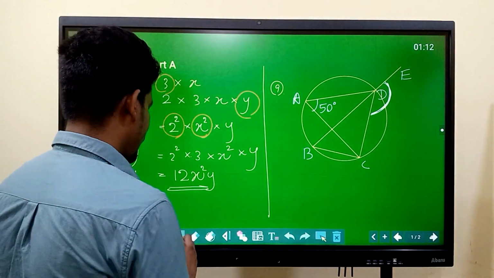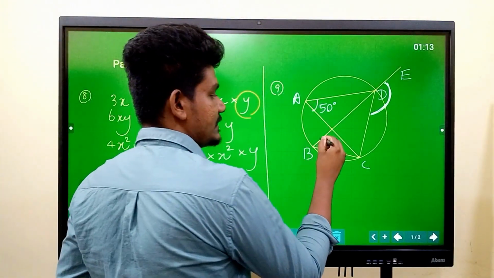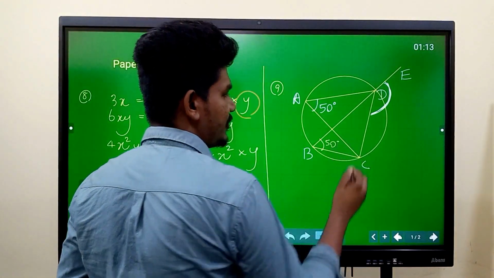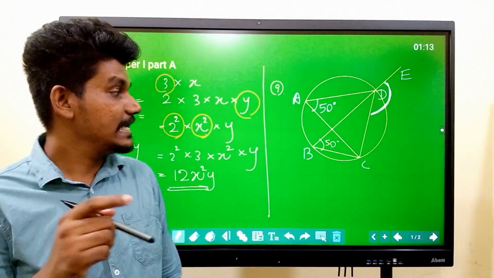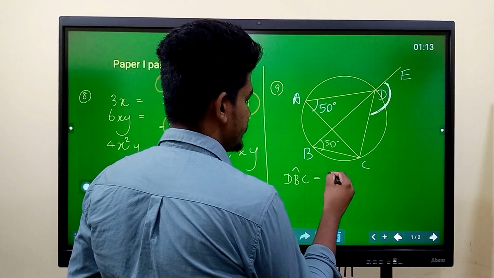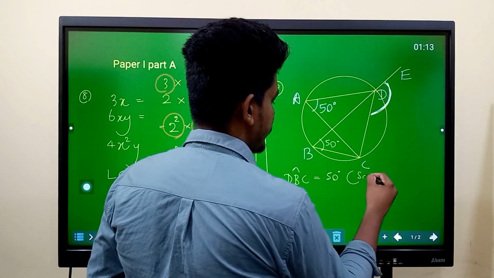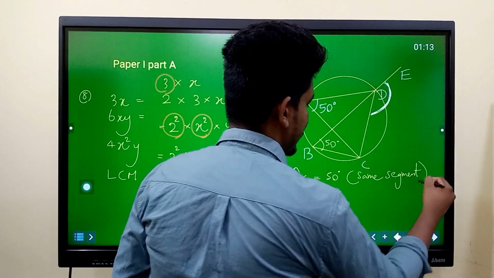Okay, how are we going to find that? Look at the method. If this is 50 degrees, this also has to be 50 degrees. How do we know that? Angles in the same segment. DBC is also equal to 50 because they are angles in the same segment. I write the method here so you can clearly understand.